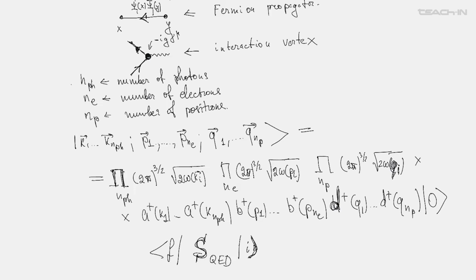So at the end of the day, this will amount to the computation of normal ordered expressions sandwiched in between these asymptotic states, very similar to what we have already done for the case of the complex scalar field.